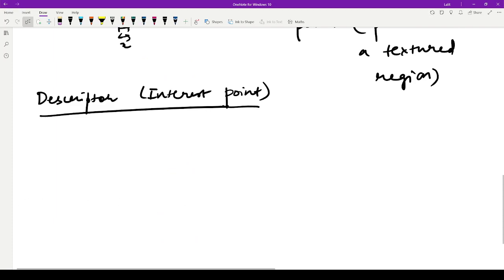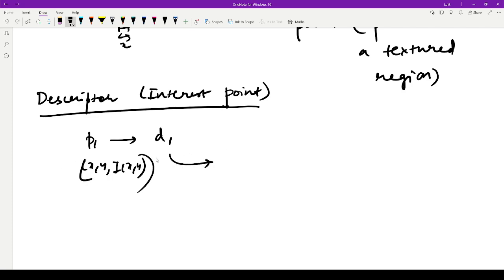Once you are able to describe the features, for instance, if a point P1 is described by a descriptor D1, P1 is just an x comma y pixel location with some intensity value, which I can write as I of x comma y. The descriptor will contain all this information as a vector, probably D cross 1.